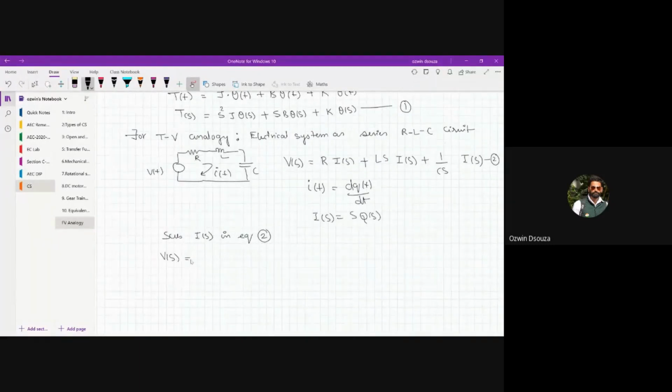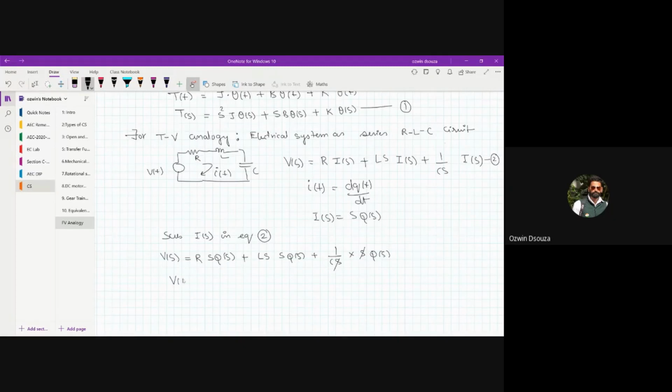So V of s is equal to R into I of s. What is I of s? S into Q of s. Plus Ls remains as it is, and in place of I of s, you substitute s into Q of s, plus 1 by Cs into s into Q of s. The same equation we discussed a couple of minutes back.